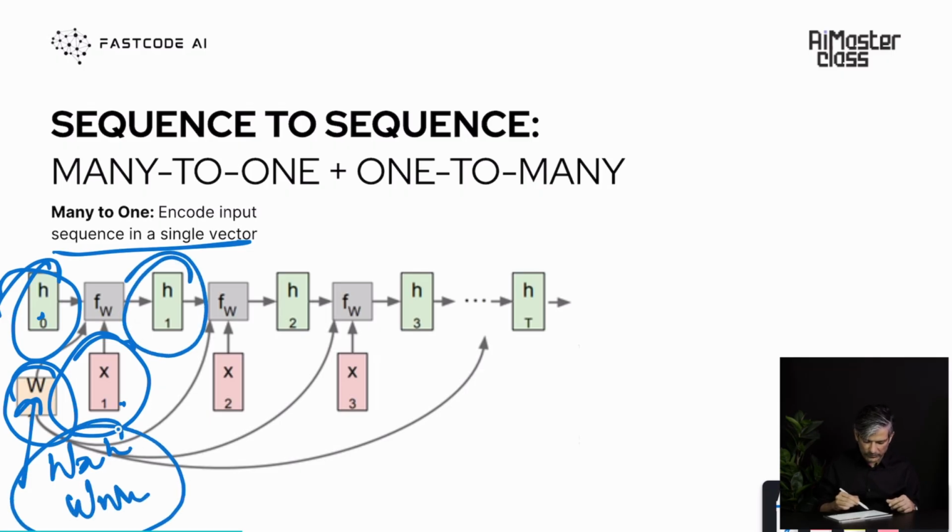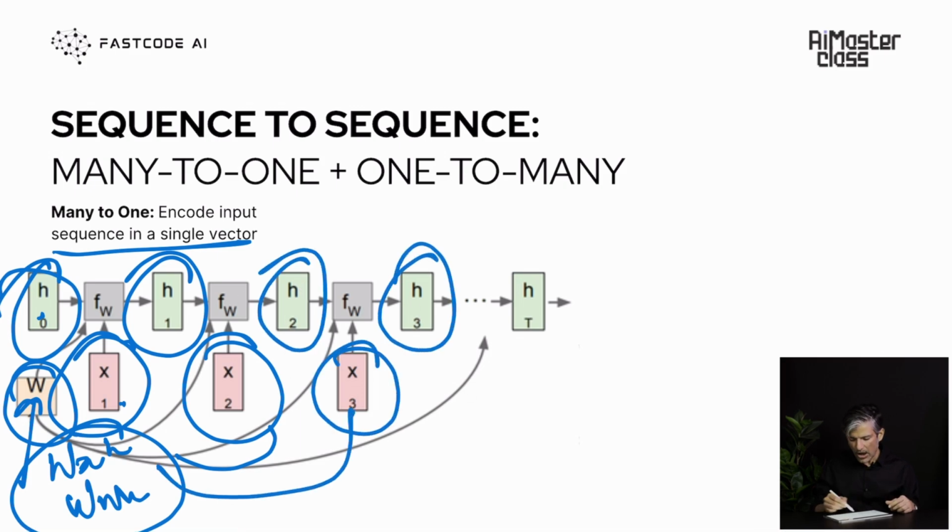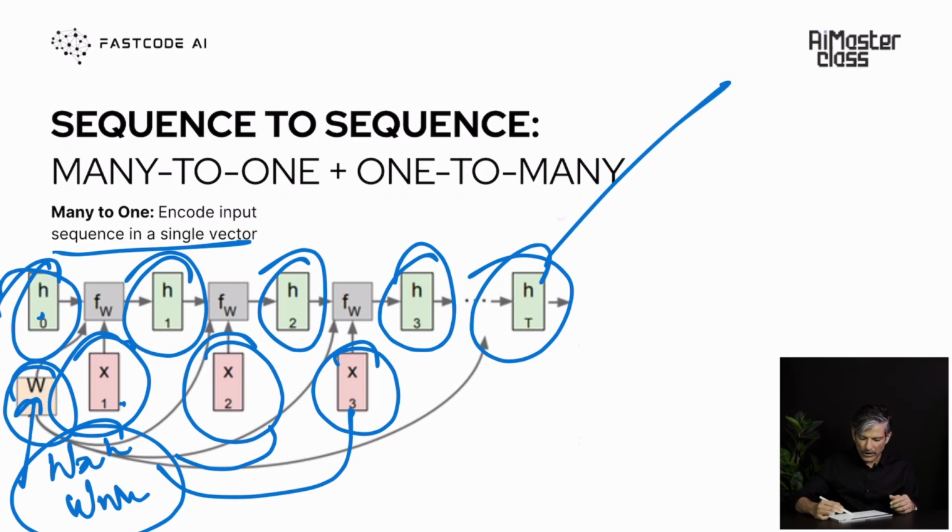Then using this and your x2, you get your h2. Then using this and x3, you get your h3, all the way to your ht until your sequence is finished. So this is now in some sense an encoding of your entire sequence, right?